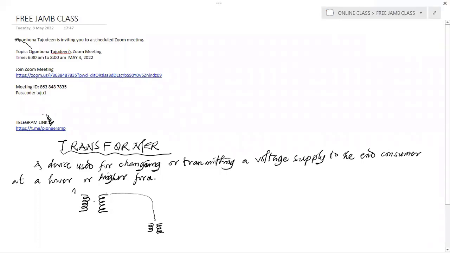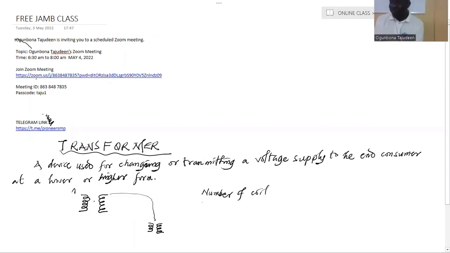So most of the time what we do is we consider the number of coils, then we consider the voltage or EMF. So we have the primary, the one that is giving us the source itself, while the one that is receiving, the receiver, is the secondary.